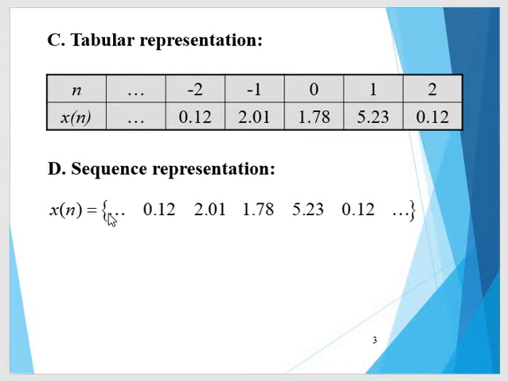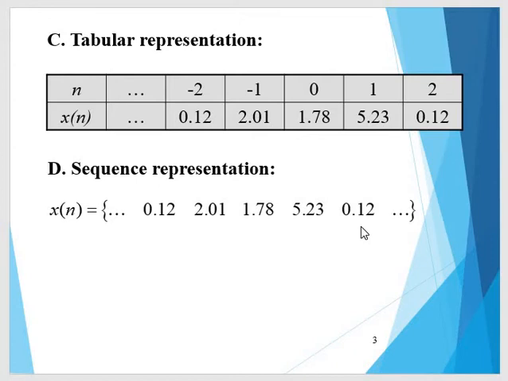Maybe I am writing x[n] equals dot dot dot. This dot dot dot is for showing that this is not the starting one, but now just forget this dot dot dot. This is the conventional method, that's why I am using it. Maybe starting from 0.12, 2.01, 1.78, 5.23, 0.12. These are the values of x[n].